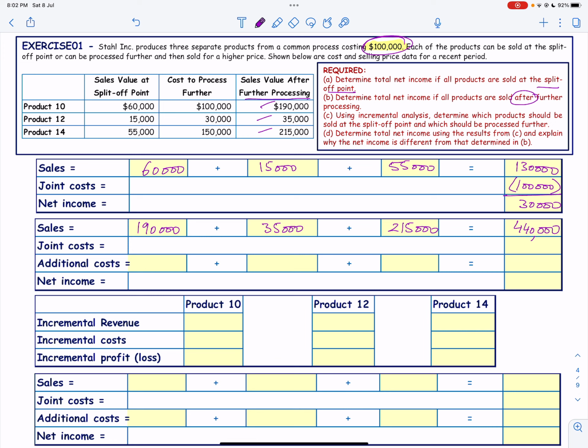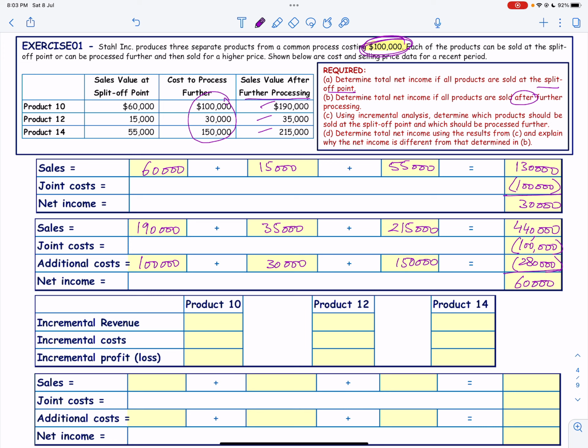The joint cost will be 100,000 and there is an additional cost to process further: 100,000, 30,000 and 150,000. So that gives us 280,000. And the net income now will be 60,000.